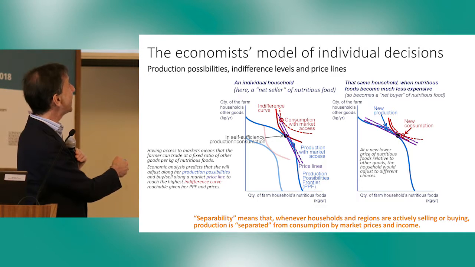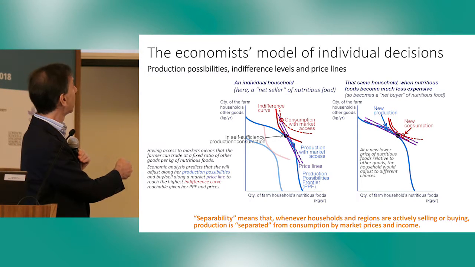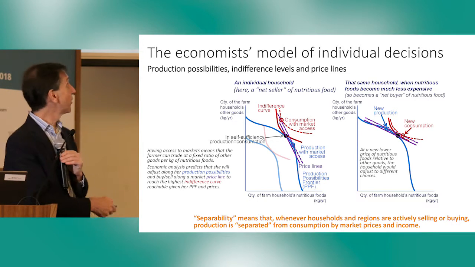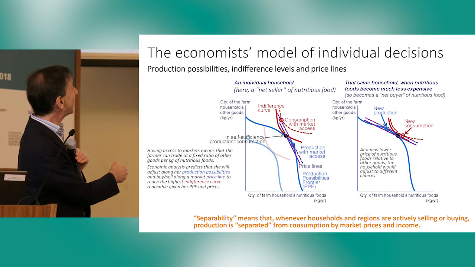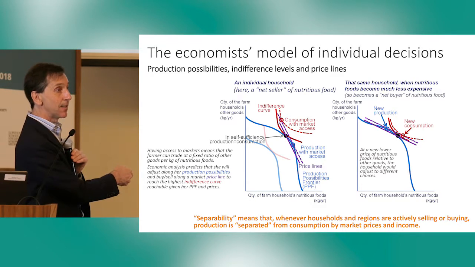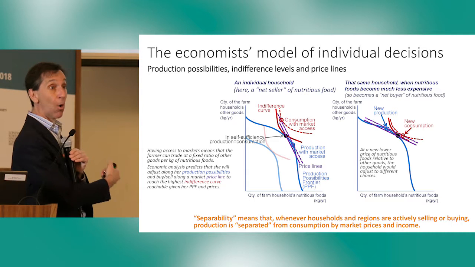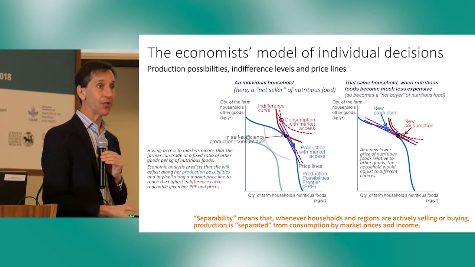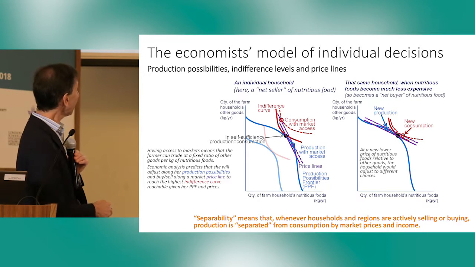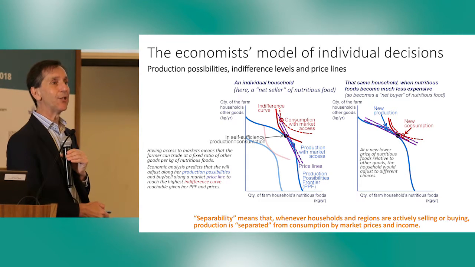So they would go to here and produce more of the nutritious foods, produce less of the non-nutritious foods. That would lead to this level of production if they had market access to produce more eggs, more fish was the example that was just given, or perhaps milk or vegetables. But then what would they do in trading with others?